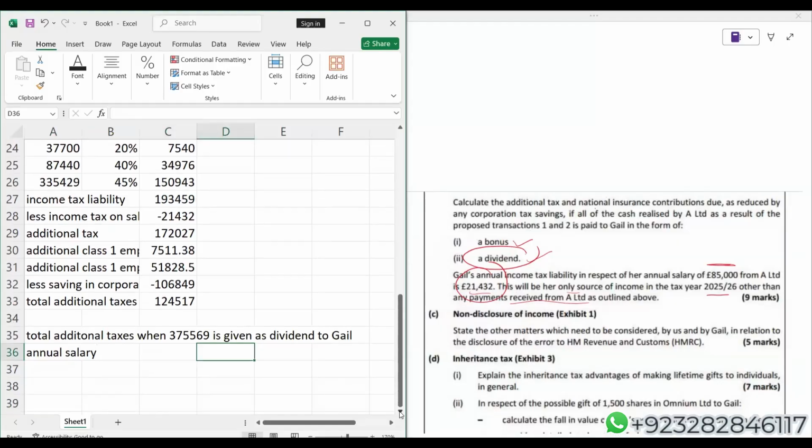Let's take it here. Dividend is 3,75,569. Obviously, the net income is going to be the same.